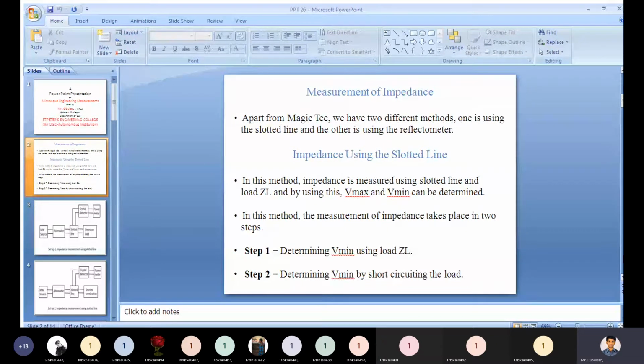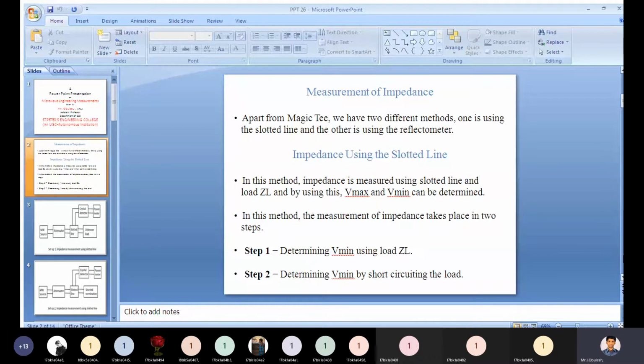By using this, we are going to determine V maximum and V minimum value. If you get V maximum and V minimum value, what will we get from that? We will get the VSWR, voltage standing wave ratio value. Right?